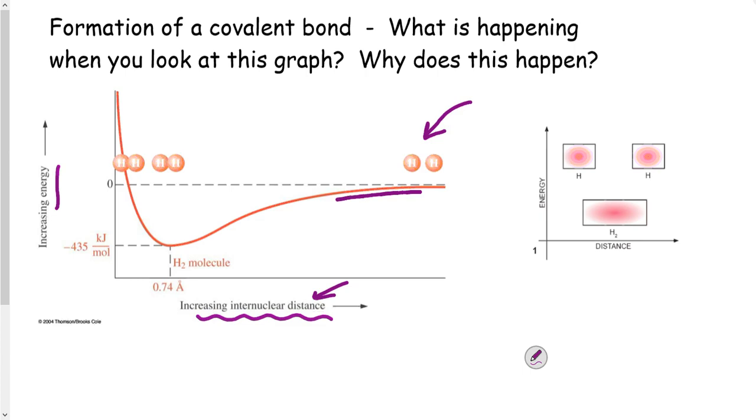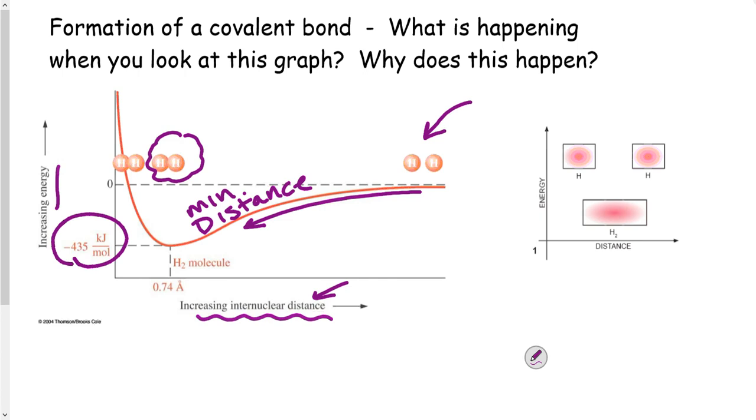So as we go along the graph and the distance between the two atoms becomes close enough together, you can create a nice bond between the two hydrogens. So we have a minimum distance, and at the same time, the minimum distance also reflects a minimum amount of energy to allow for very, very good bond formation.